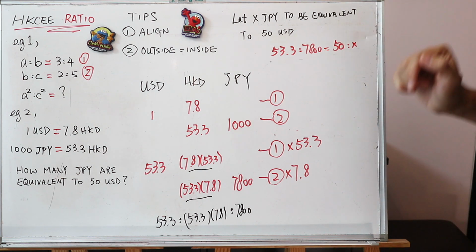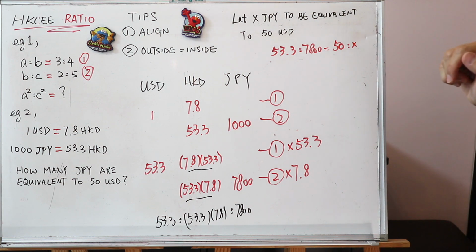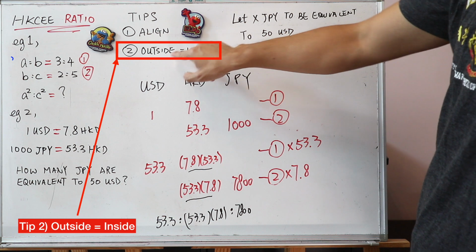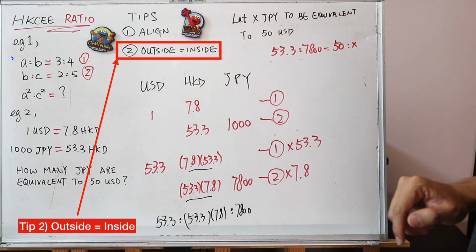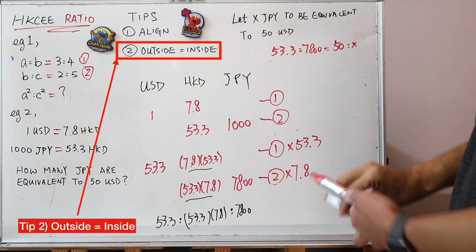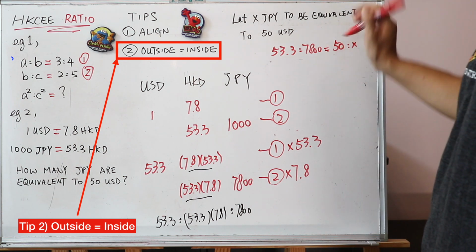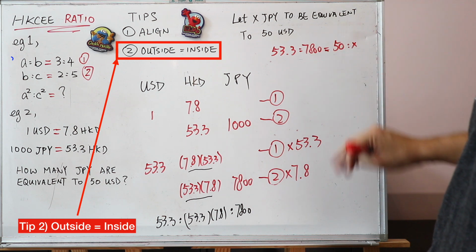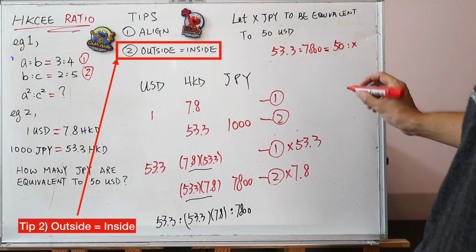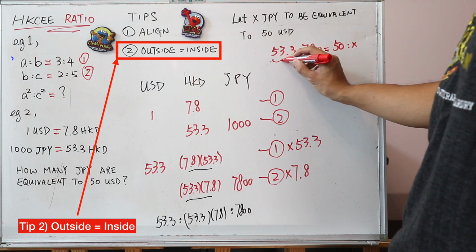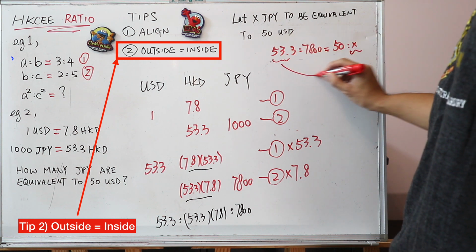So after you have this proportion statement, how do you find X? It is actually related to my tip number 2: outside is equal to inside. What is the meaning of that? The meaning is, if you think of this equal sign as the center, what's the outside? The outside are the two numbers that are furthest away from this equal sign. So 53.3 and X belong to the outside.